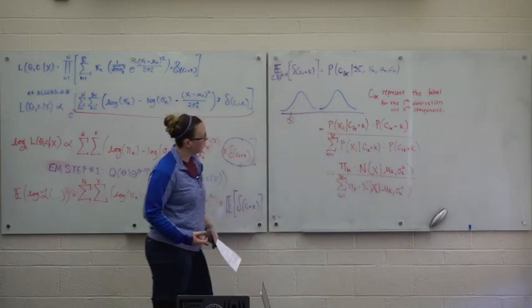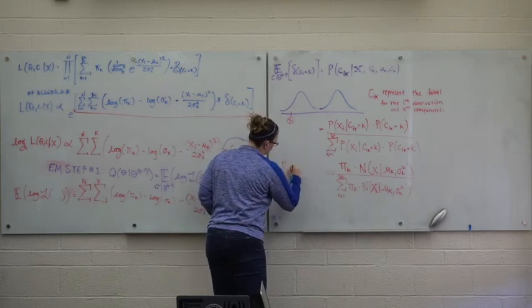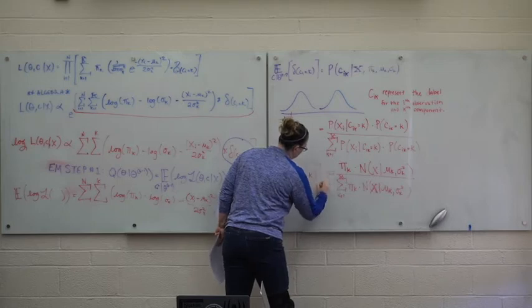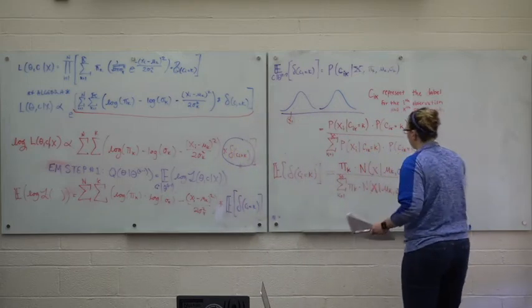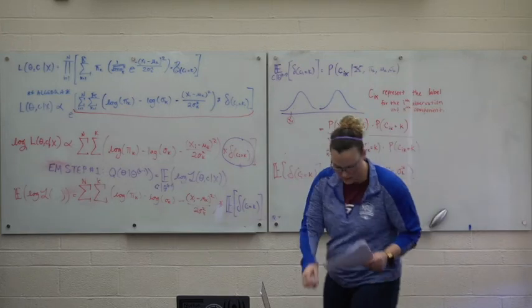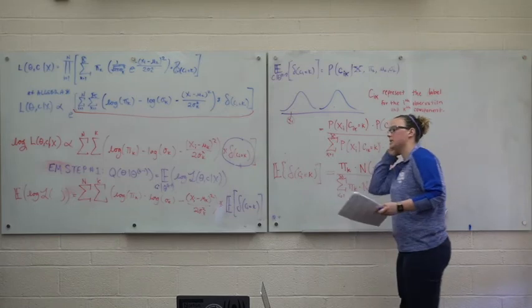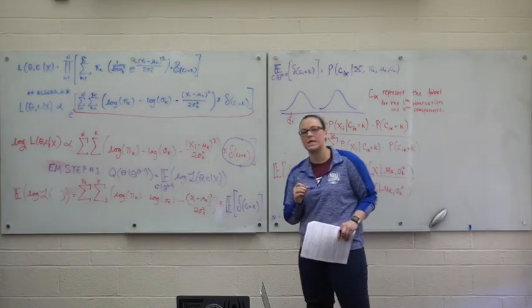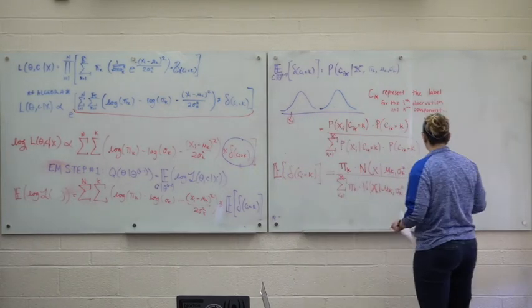For simple notation, this is still the expectation of our delta function of Ci equal to k. Another way to write this and think about this are the weights. And so when Dr. Lehman at the end of his discussion started talking about weights, and I believe in his homework it is pi ik, we can look again right before we leave.